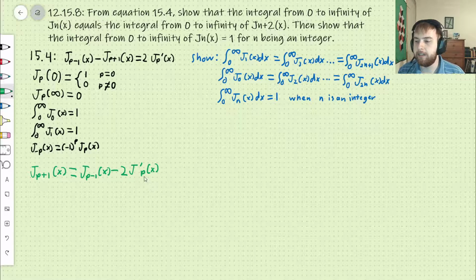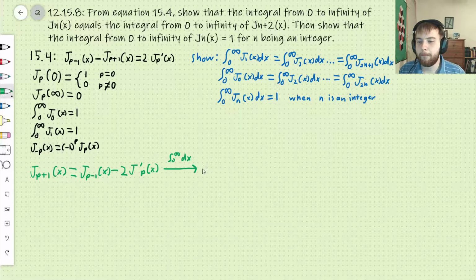The next thing we're going to do is take the integral from 0 to infinity with respect to x. Since we know that these are equal from that formula, anything we do on one side of the equation, we can do on the other side, including taking integrals and such.